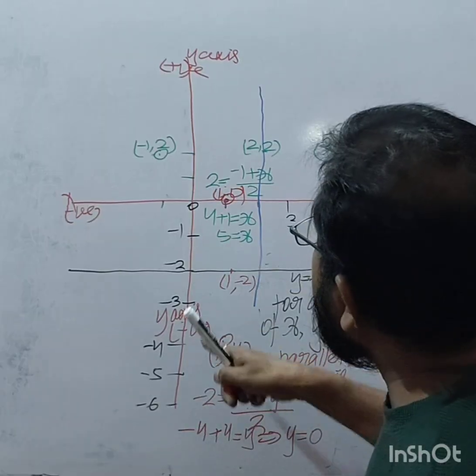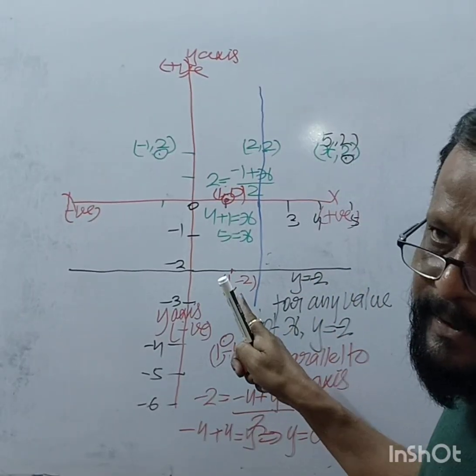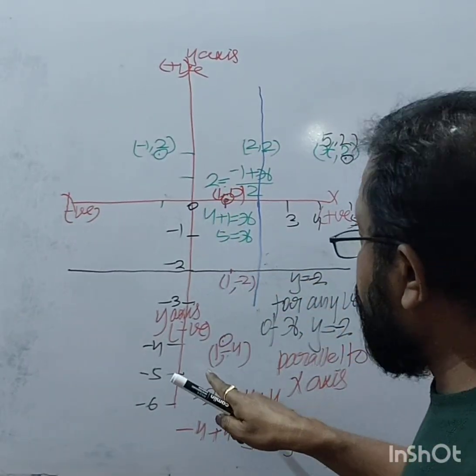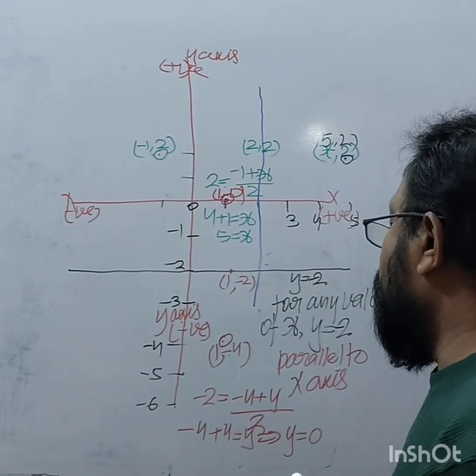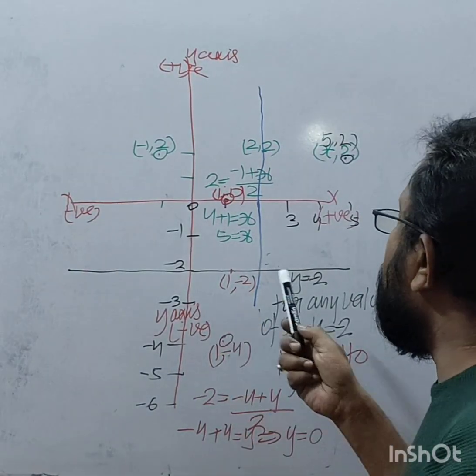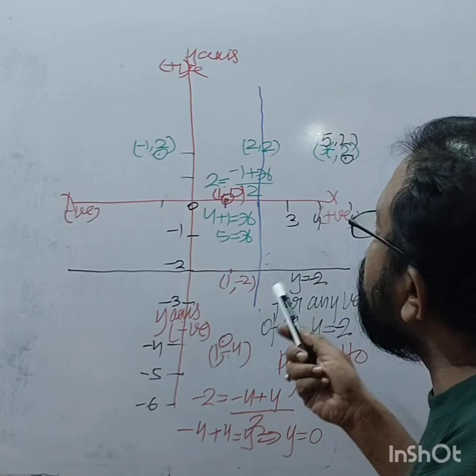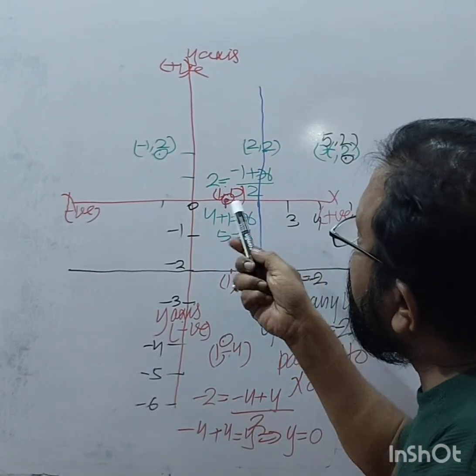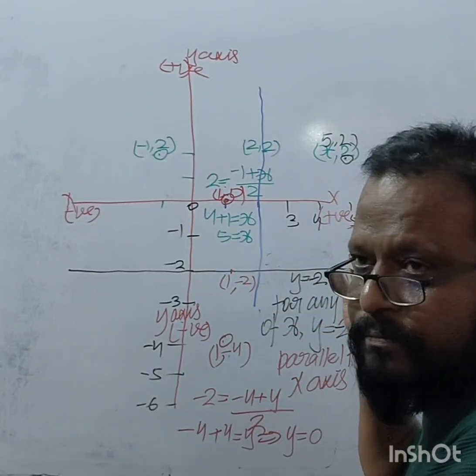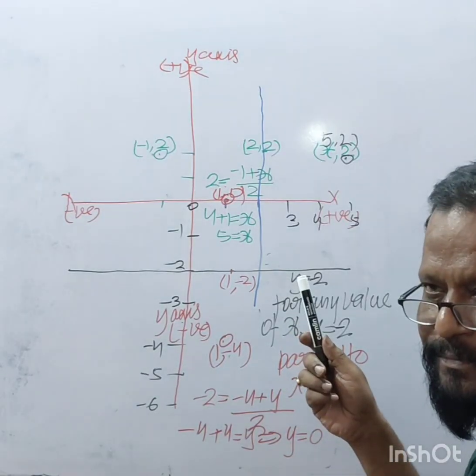So this is the reflection through the line. When the reflection of coordinate 1 comma minus 4 is from the line y is equal to minus 2, then its coordinate will be 1 comma 0, right?